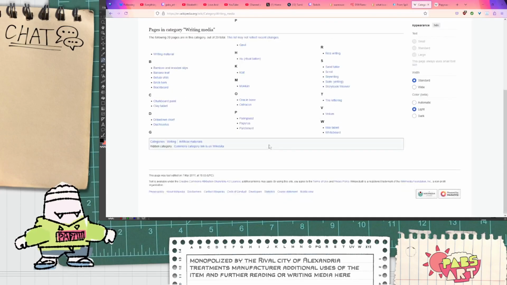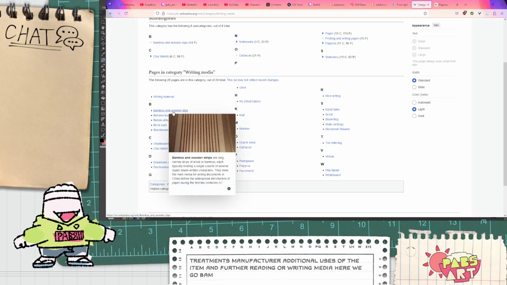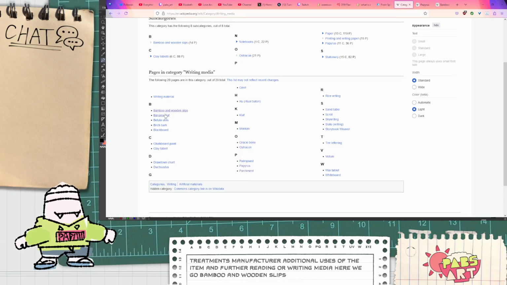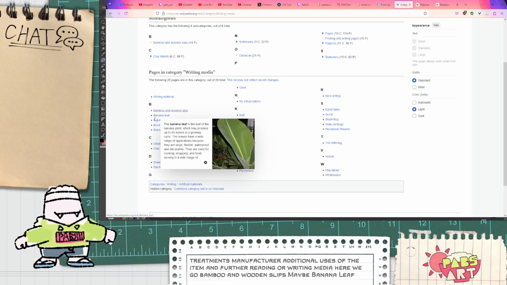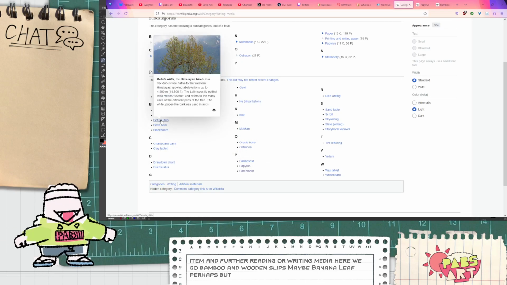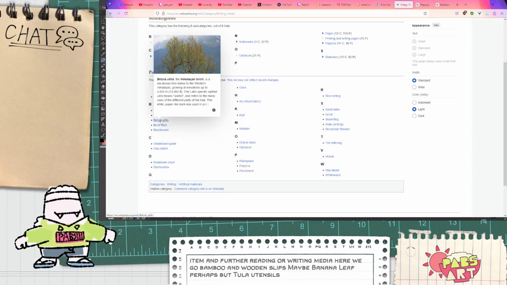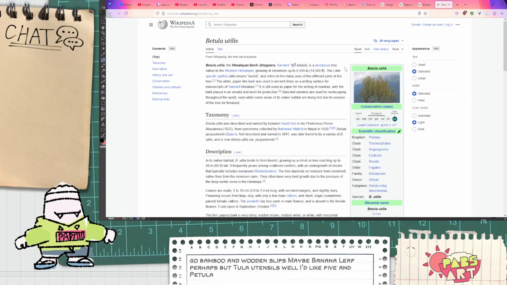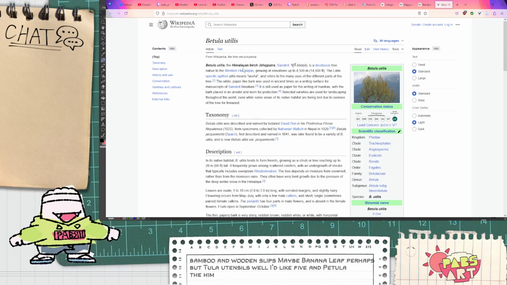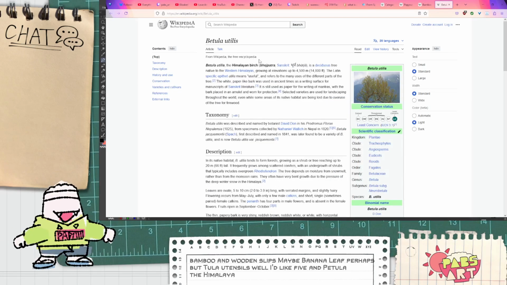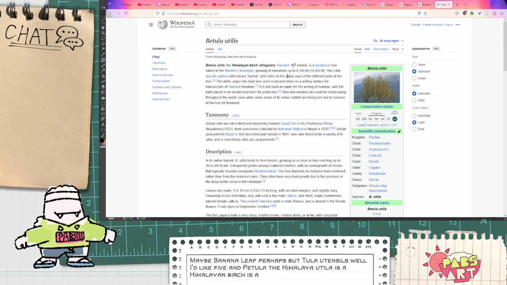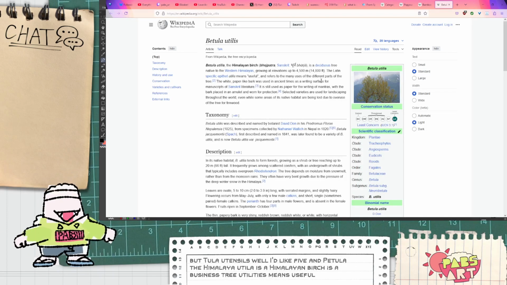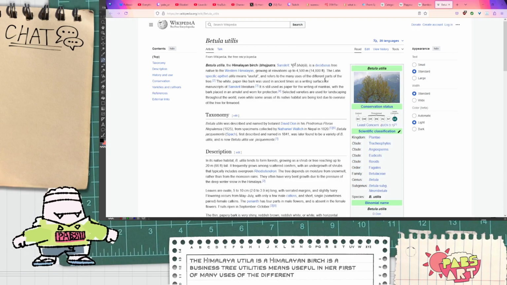Hang on, further reading or writing media. Here we go. Bamboo and wooden slips, maybe. Banana leaf, perhaps. Betula utilis. What, like Fatum Betula? The Betula utilis, the Himalayan birch, is a deciduous tree. Utilis means useful and refers to the many uses of the different parts of the tree.